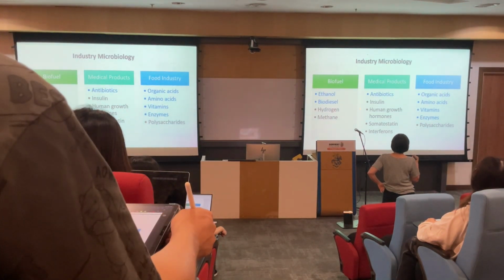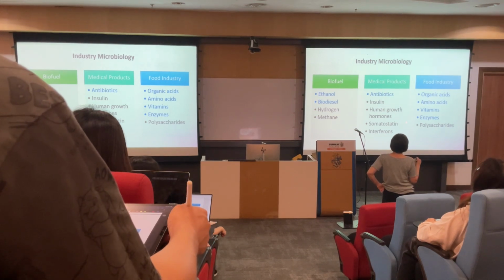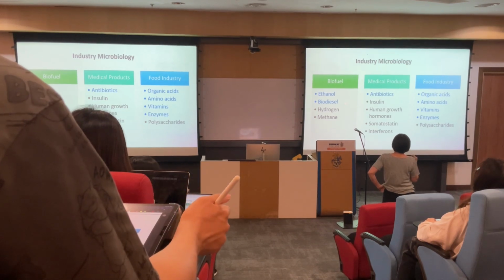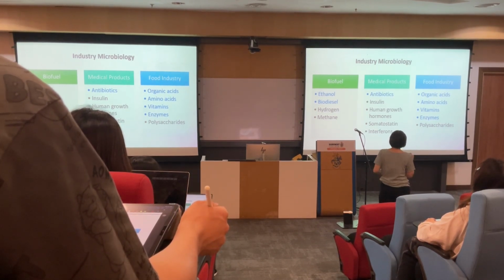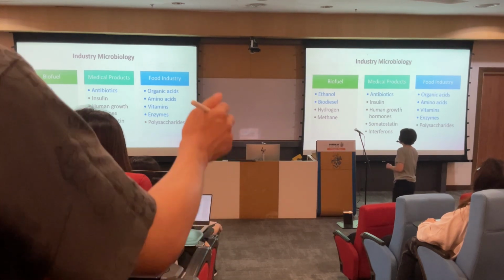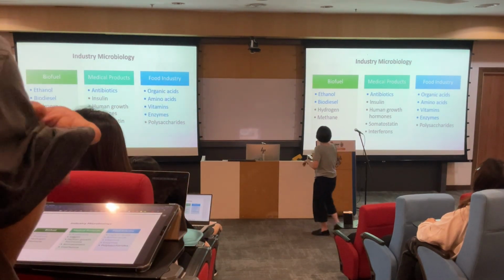And also some of the medical or pharmaceutical products, the one that I will highlight will be antibiotics. And the biofuel, only 2 will be mentioned. One is ethanol, the other one is biodiesel. Alright, so I will only talk about those highlighted in blue.